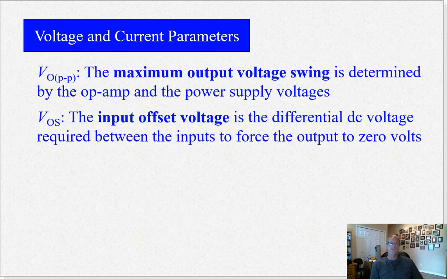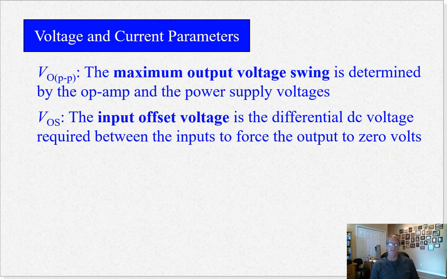Input offset voltage: if you ground both inputs of the op amp, the inverting and non-inverting input, you should get nothing on the output, right? Because you're putting the same voltage on both inputs, in this case 0 volts. Well, it doesn't work that way. There's a slight offset called an offset voltage.